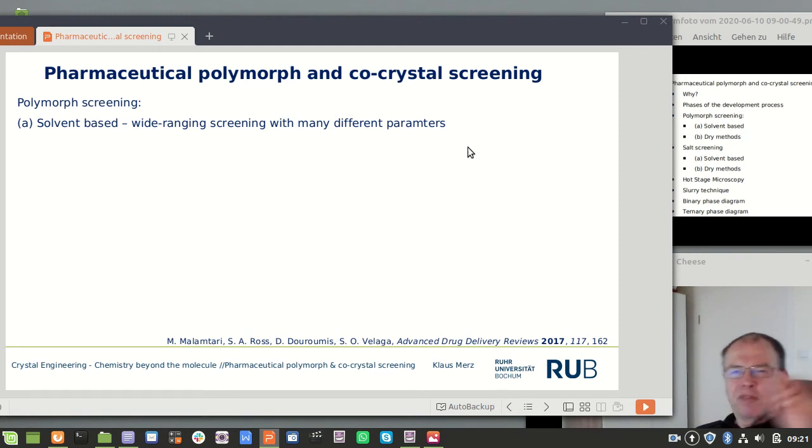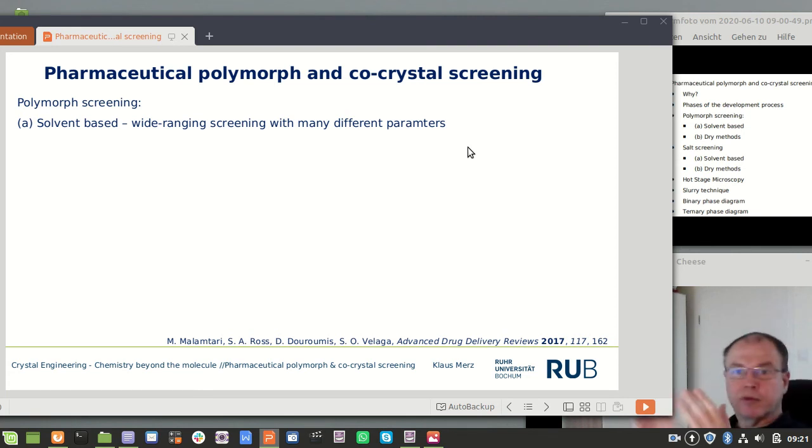Okay, now think by yourself. Each of you has experience in the lab, and what do you do if you are looking for a polymorph of your synthesized product? Which parameters can you change?